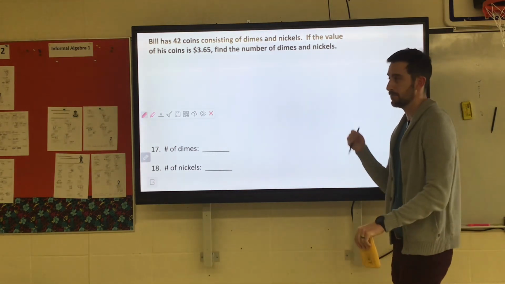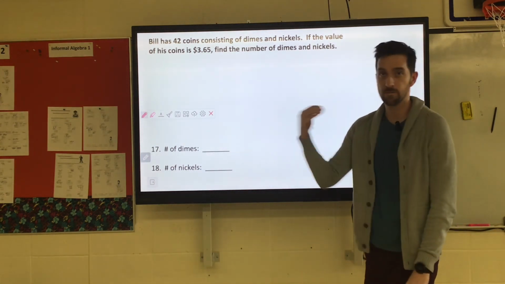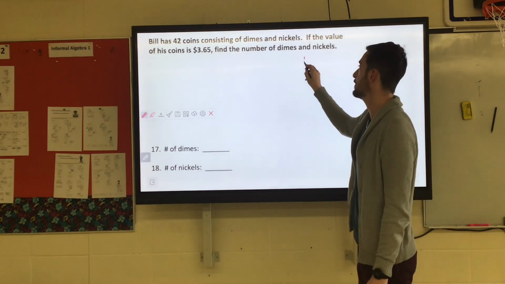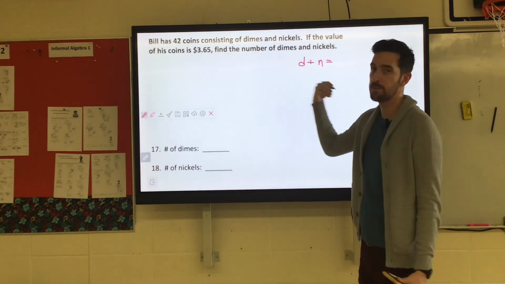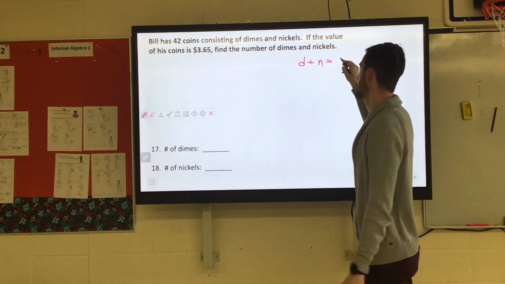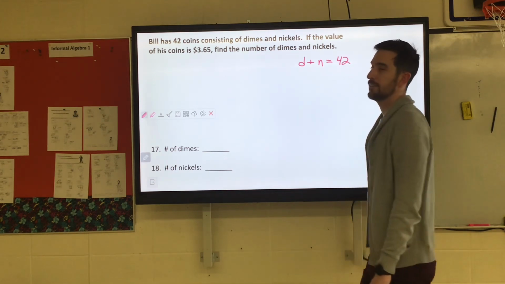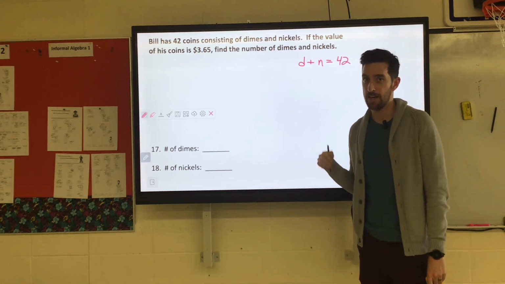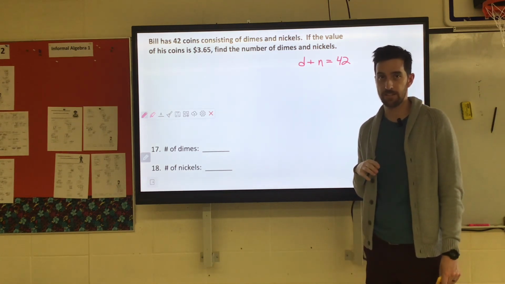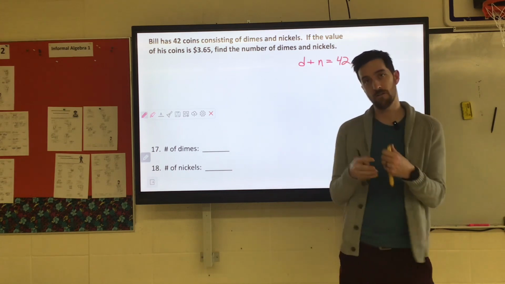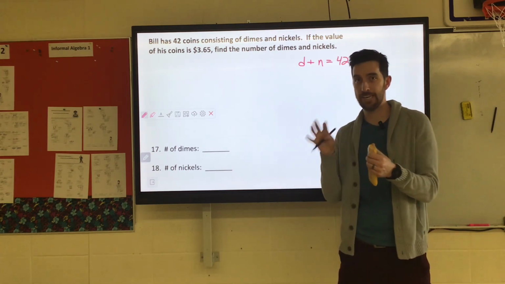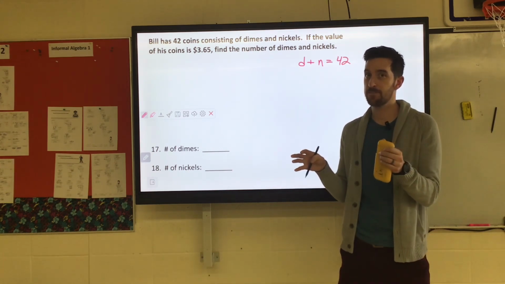So again, we're going to set up the total number and a total value. So the total number, if I take all his dimes and I add all his nickels, the total number of coins was 42 coins. Now we're going to throw values on those. How much is each dime worth? 10 cents. So we're going to go either all decimals or all whole numbers. If you want to make it 10 times D, that's fine.